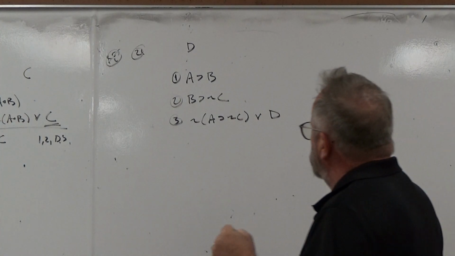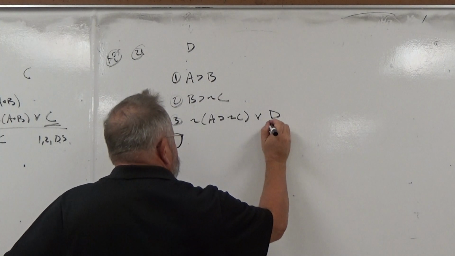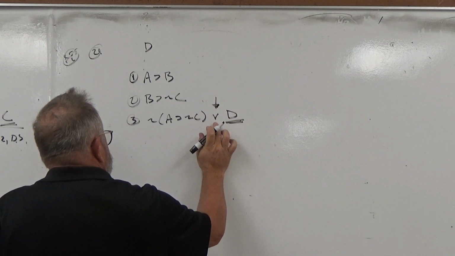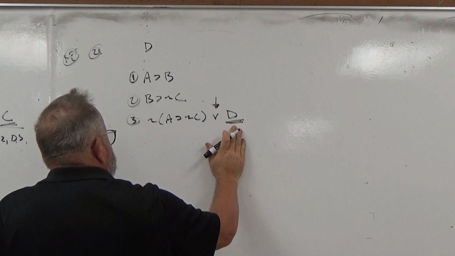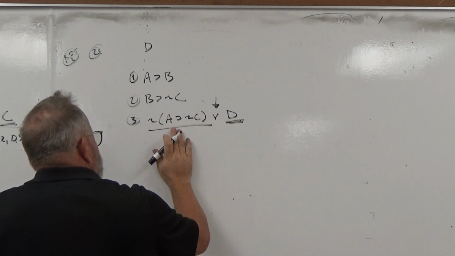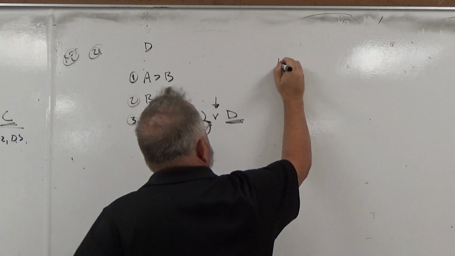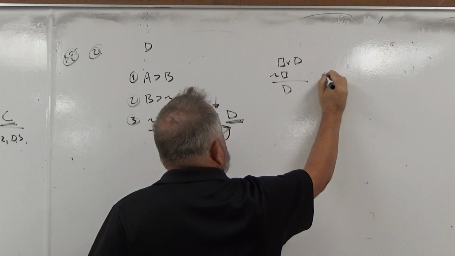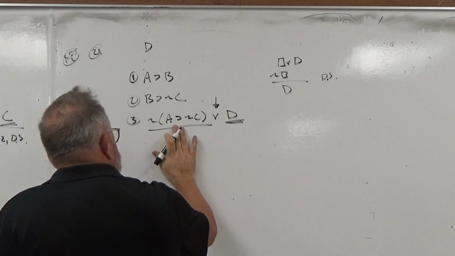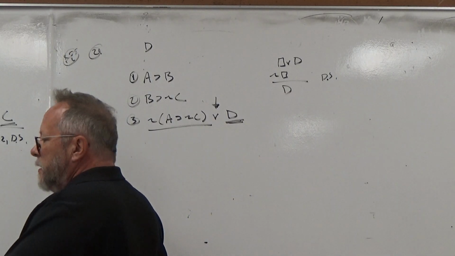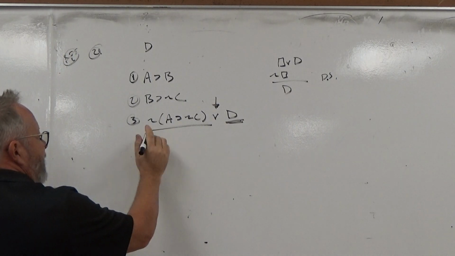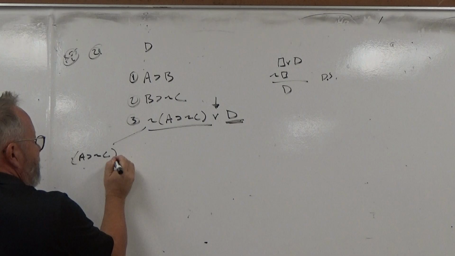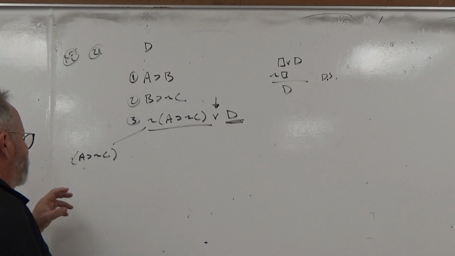We need a D. There's a D. But it is part of a disjunction. Notice this is the main logical operator. So to get the D, we need the opposite of this, right? It's like this. Box or D, not box, gets us D by disjunctive syllogism. So we need the opposite of this, not A then not C. So what we need is A then not C. That's what we need to do the disjunctive syllogism.